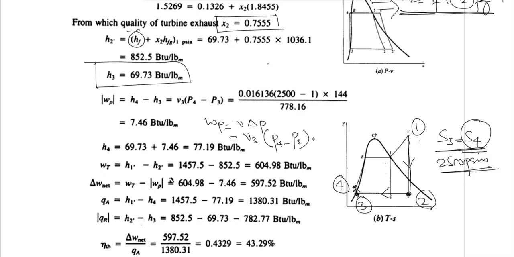That's also equal to, in terms of enthalpy, H4 minus H3. So in this question, we have the value of V3, which is Vf at 1 psi. We have the value of P3, which is 1 psi. We have the value of P4, which is 2500 psi. And yes, we have the value of H3 from here.